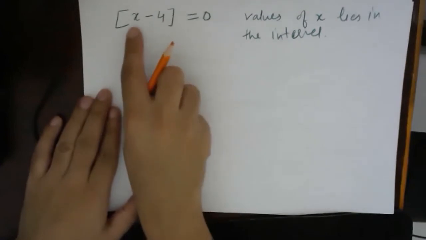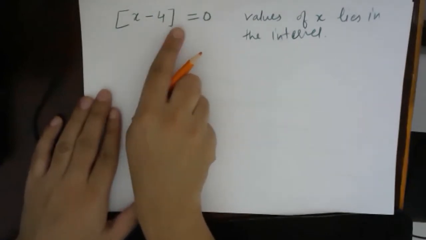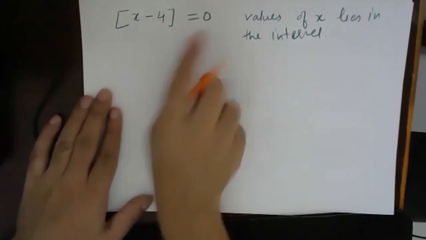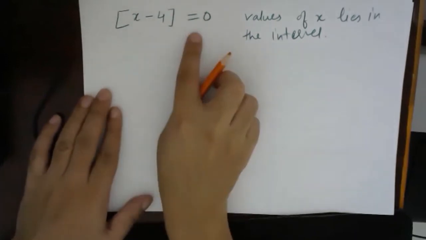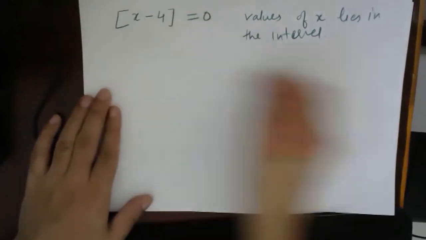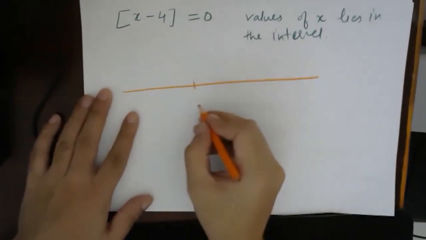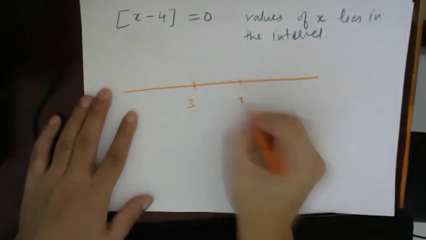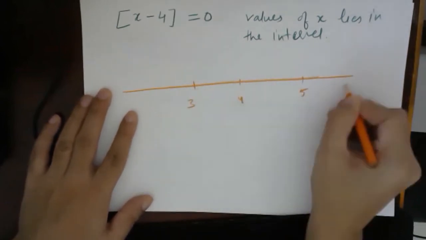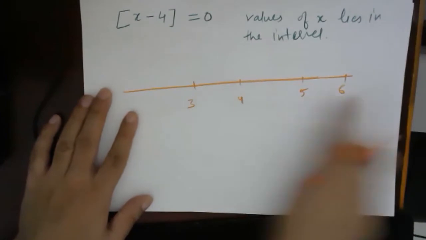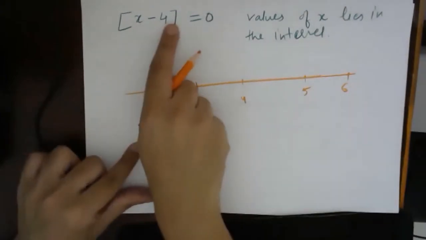So let's see. Greatest integer of x minus 4 should be equal to 0. I'll explain this first using the number line. I will take 3, then 4, then 5, and then 6. I know the answer will be somewhere around here, because we have x minus 4.